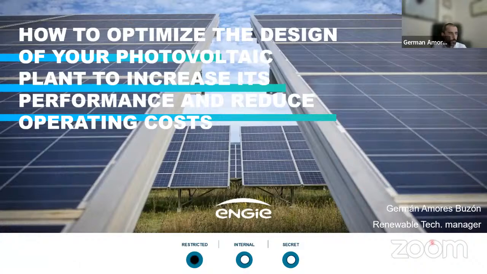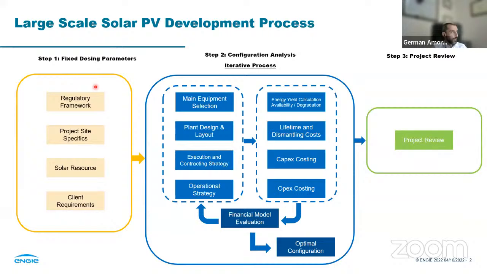Okay, so I try to base my presentation on this main block, which, according to Enric's and also Matias's previous experience, is quite similar to the line they have mentioned previously. In the design process, we try to improve the LCOE, or optimize the design of the power plant.